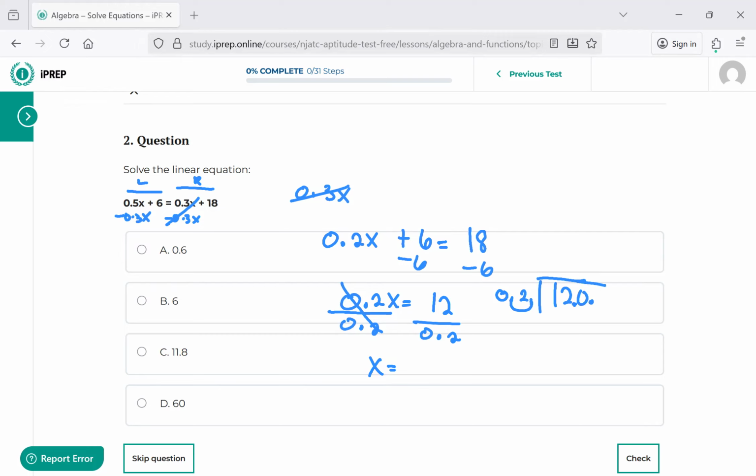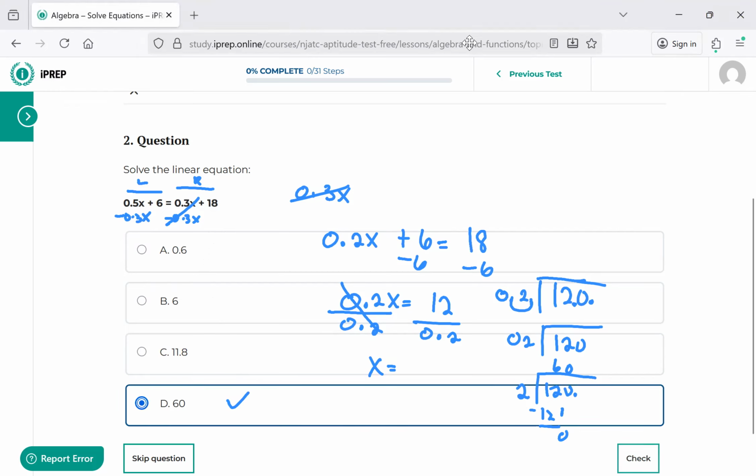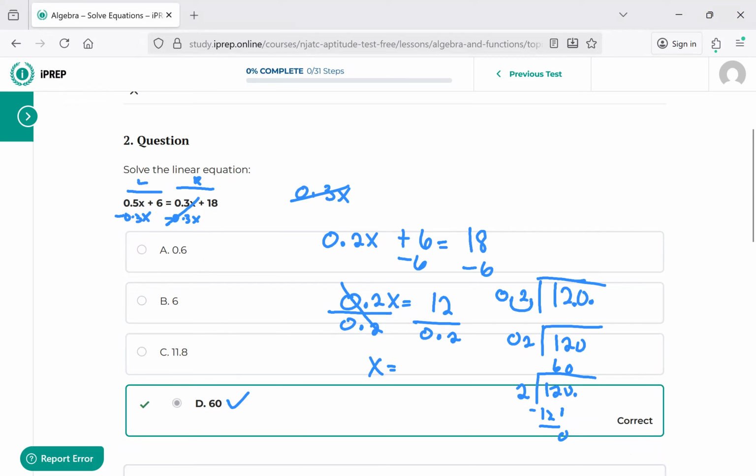So now it's 12 divided by 2. 12 divided by 2 is 6, bring down the 0, so that's 60. Correct.